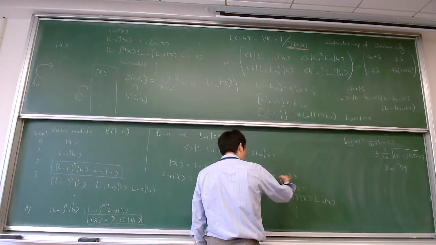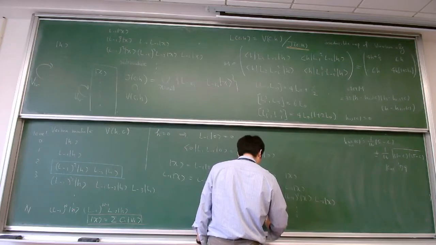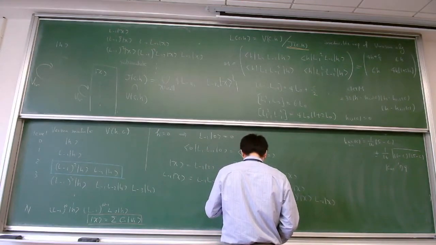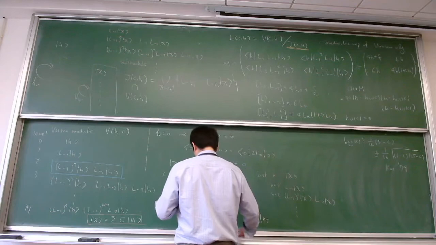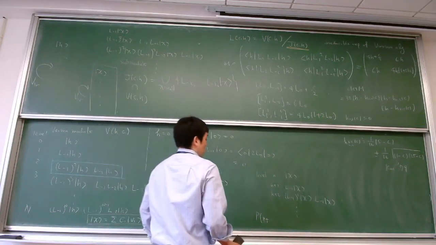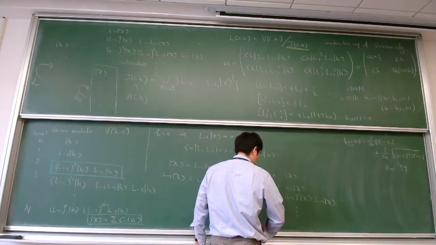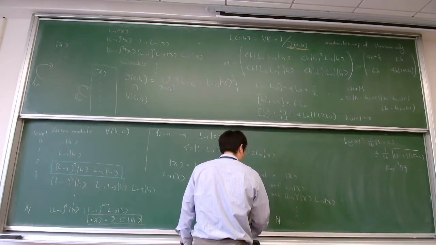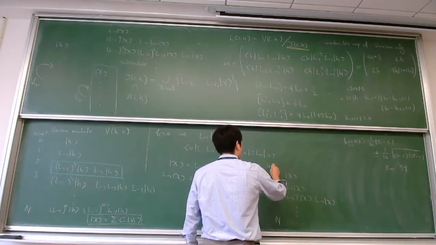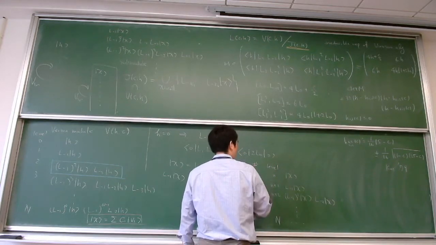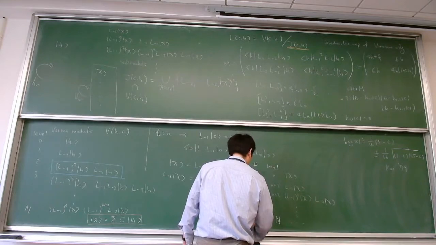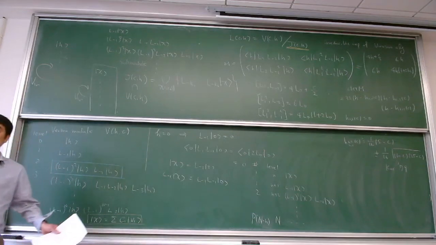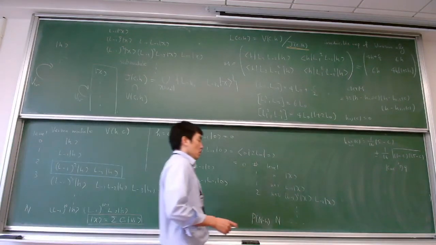The number of null states coming from chi at level n, then at level capital N, the number of states is given by p, the partition.